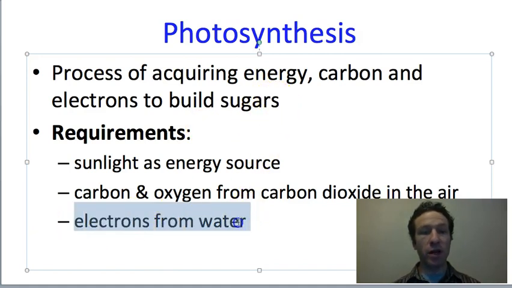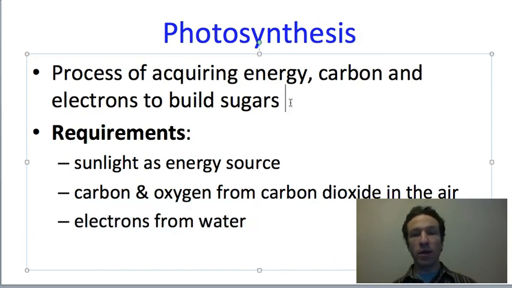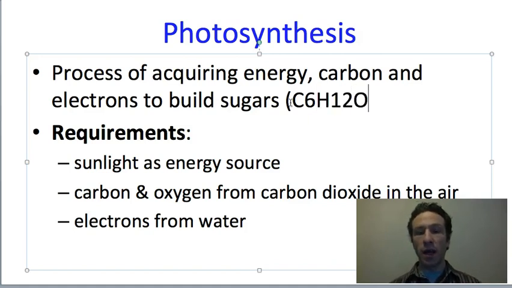That source of electrons will be water. Let's just remind ourselves that sugars have carbon as well as hydrogen as well as oxygen. So as we said, carbon dioxide, which has carbon and oxygen, supplies those, and electrons from water as well as protons that are already in the cell are going to be providing the hydrogen.